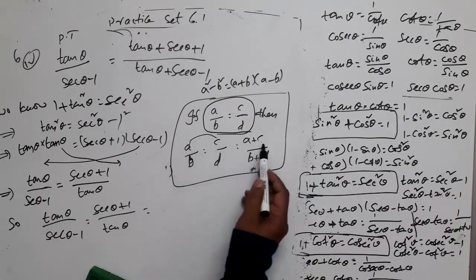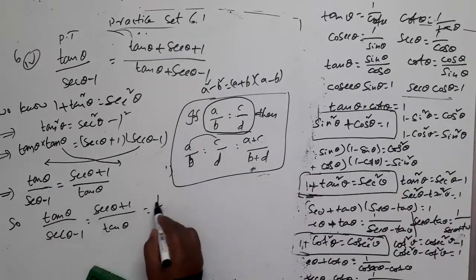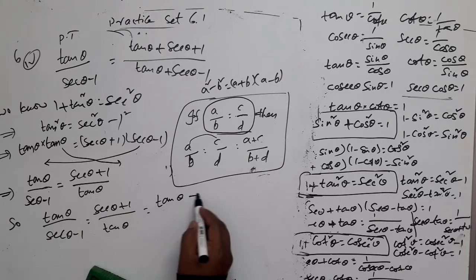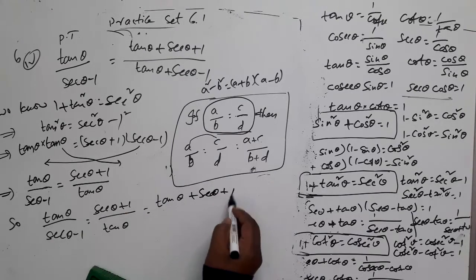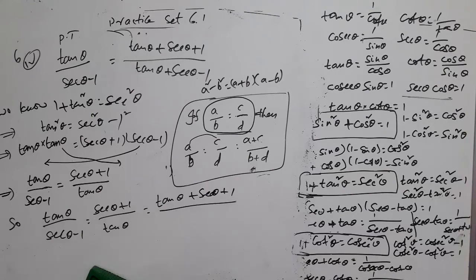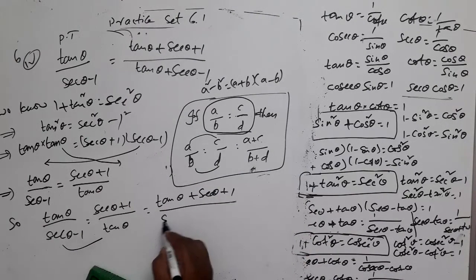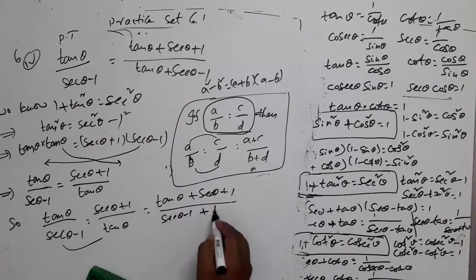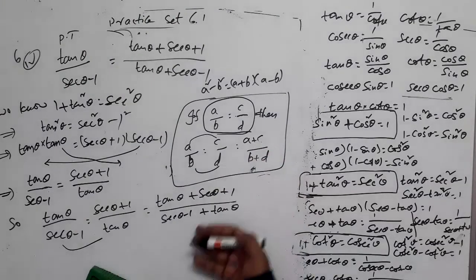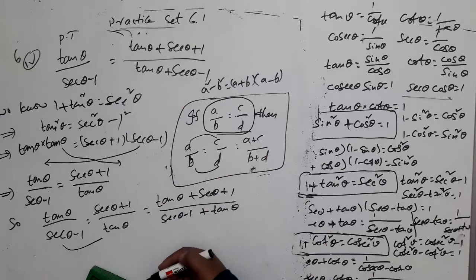Add these two, write in the numerator, that is tan theta plus secant theta plus 1, upon, add these two, write in the denominator, that's all. Secant theta minus 1 plus tan theta. Can I write like this? Yes, I can write like this using the theorem of equal ratios.